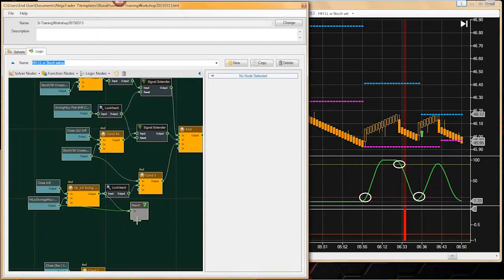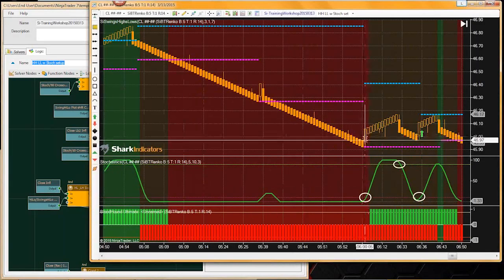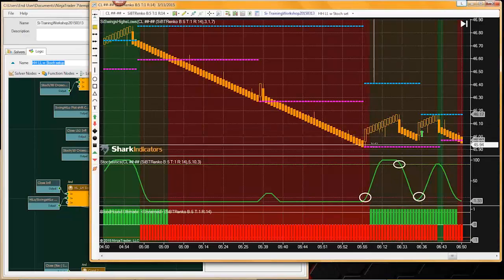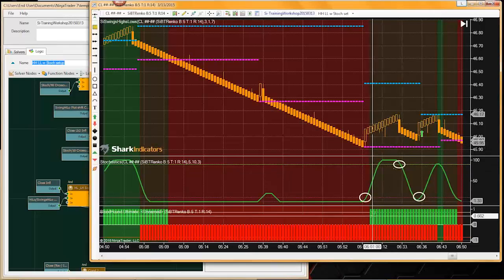So let's take a look at our comparison solver. All right. So that's good. So whenever the low price of the bar is above our swing high, we're getting this long output. So that's working correctly.